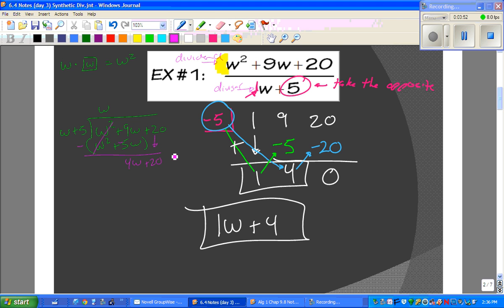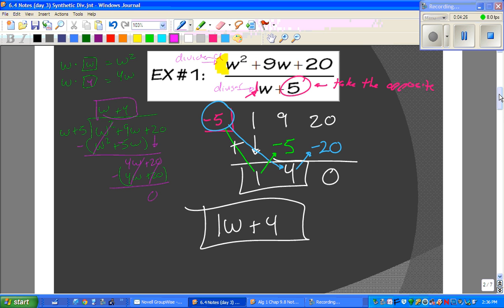Bring down the 20. Now you want to know w times what equals 4w. That's a 4. So plus 4, and you get 4w plus 20. You would be subtracting that. All of those cancel, and you get w plus 4. So you get the same thing. Synthetic division is just a faster, easier way to do that.